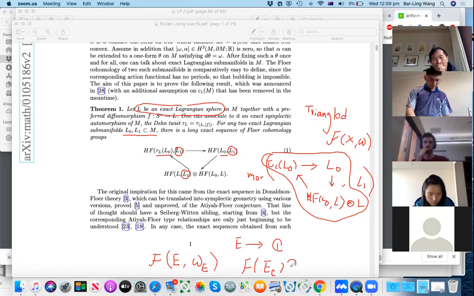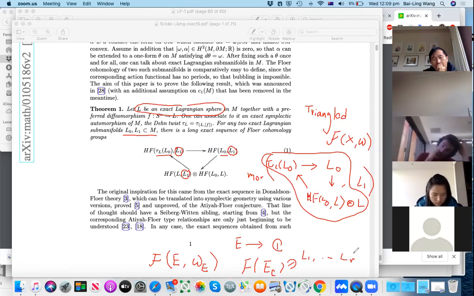If we take Lagrangian spheres, for example, these are vanishing cycles. Then we can have this Dehn twist, and this Dehn twist is a symplectomorphism of the fiber, say E_c.